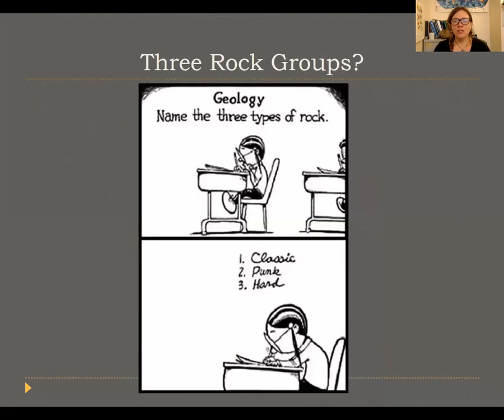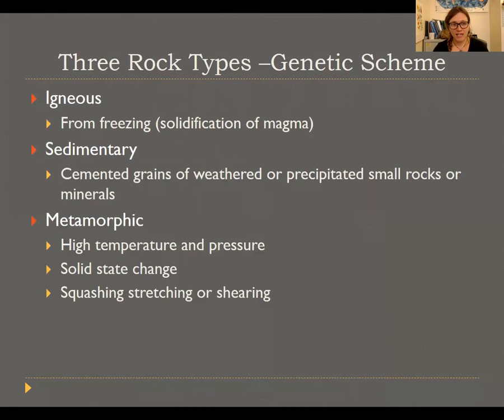So there's three rock groups that we talked about when we talked about the rock cycle. And no, they're not classic rock, punk rock, and hard rock, but they are igneous rocks, sedimentary rocks, and metamorphic rocks. So igneous rocks are those rocks that we're going to talk about first that form from freezing or solidification of magma or lava, which is just magma that starts to degas and come up to the surface.